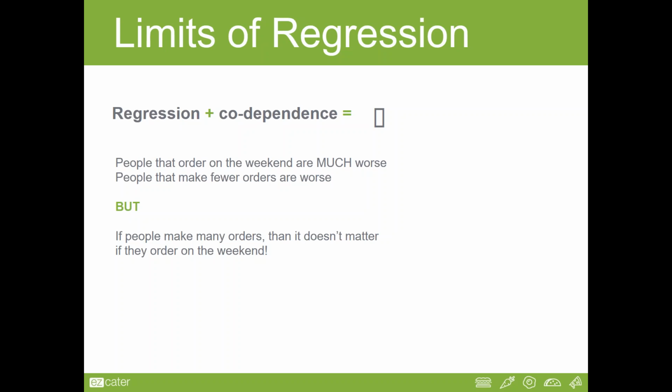But there are these dependent cases where if you actually make a bunch of orders, and your first order was on the weekend, it sort of doesn't matter. So when we would get these important features like weekend orders are bad, because of the limits of a naive regression, those would really underweight people that had made a number of orders.